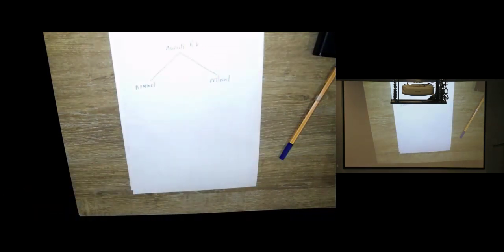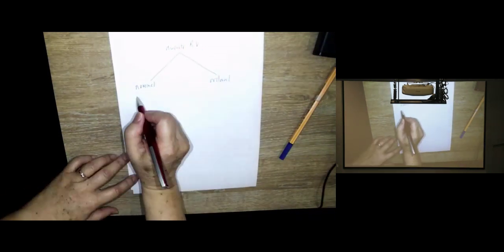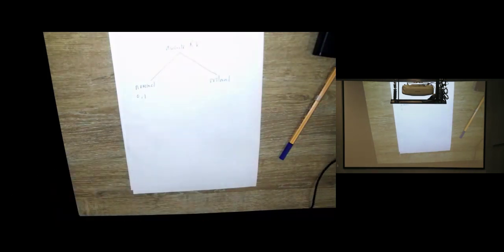Nominal means basically it's some kind of a coding. For example, you use 0 to code male and 1 as female. So it doesn't mean 0 is less than 1 in that sense. It's just a way of labeling a string, all right?